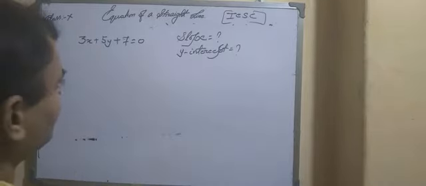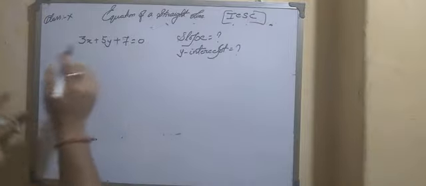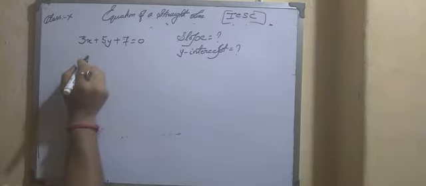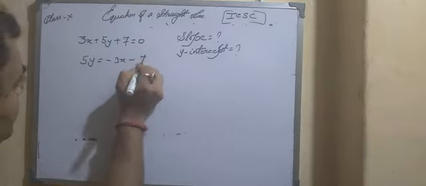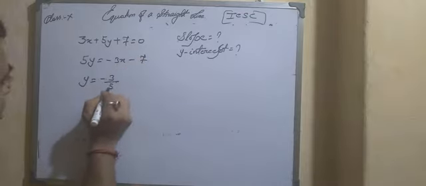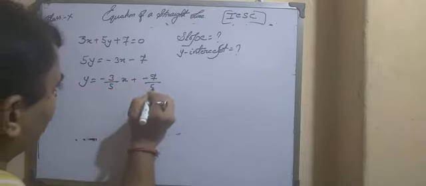Now here is the equation. We have to find out the slope and y-intercept. That means y is equal to mx plus c. So we have to write this equation in the form y is equal to mx plus c. That means we can write it this way: 5y is equal to minus 3x minus 7, and y is equal to minus 3 by 5 x plus minus 7 by 5.